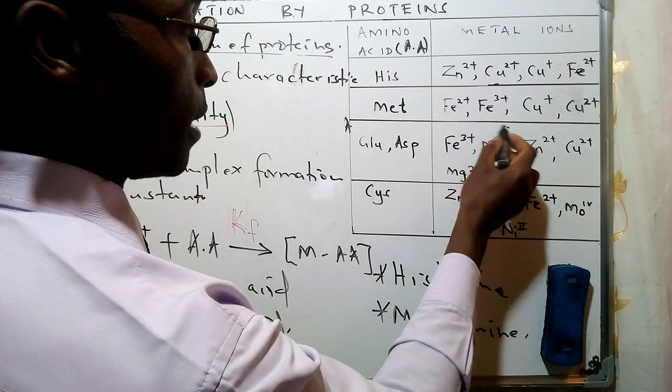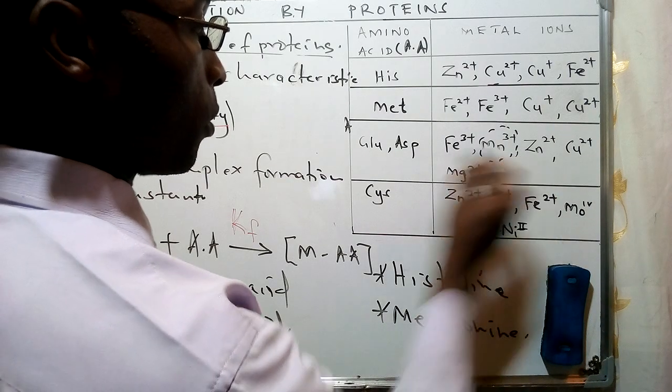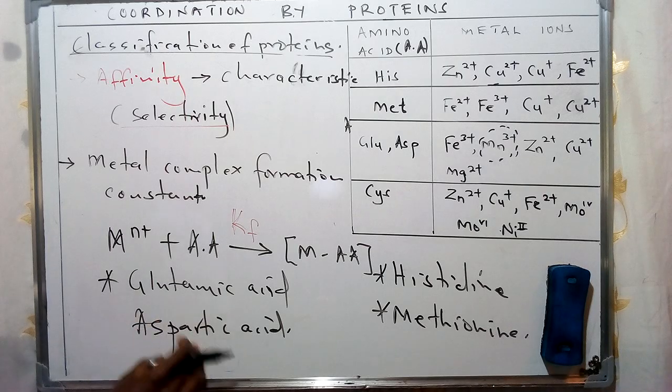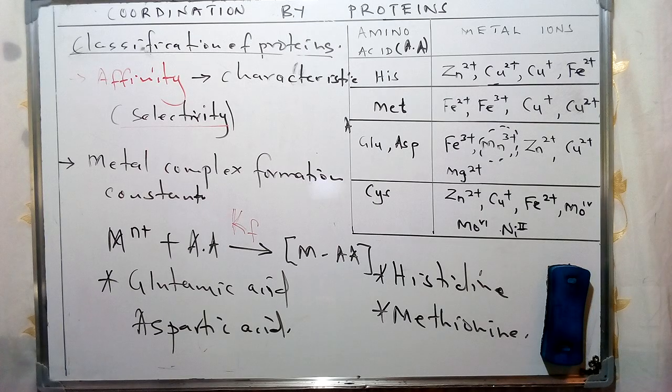So kindly check on this for clarity. I'm also going to check on the same in case I find a different oxidation state, and I'm going to mention that in our comment section. So these glutamic acid and aspartic acid amino acids are going to be joining with those specific ions and forming specific complexes.